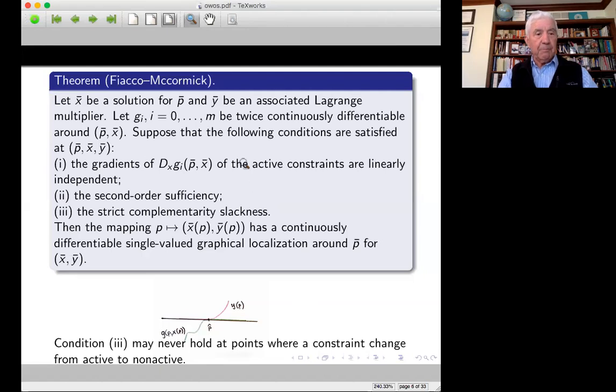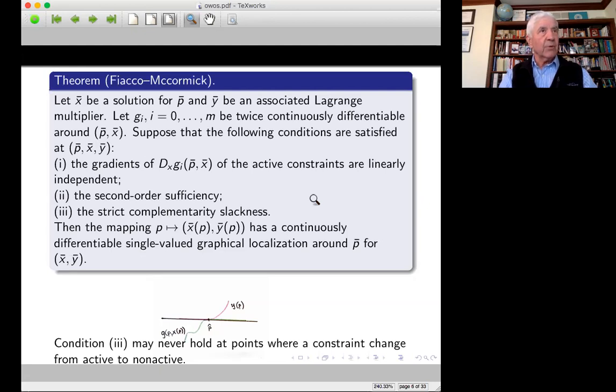Well, in their work, Fiacco and McCormick, as is well known, used the classical implicit function theorem, because under these three conditions, in particular this third one, the strict complementarity slackness, the optimality system reduces to just a system of equations.